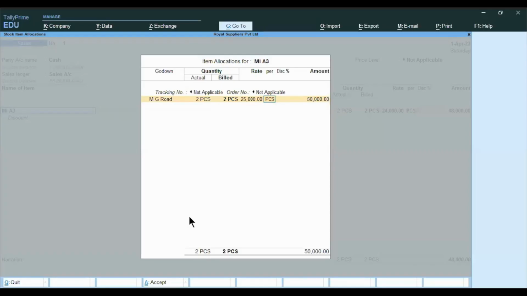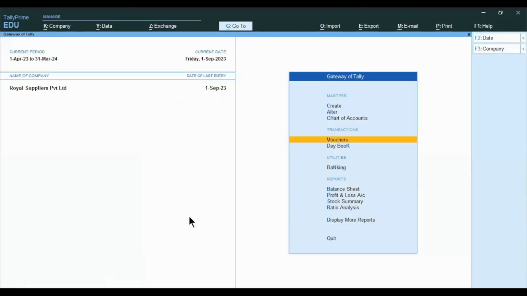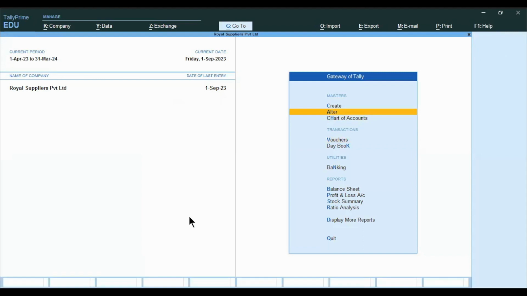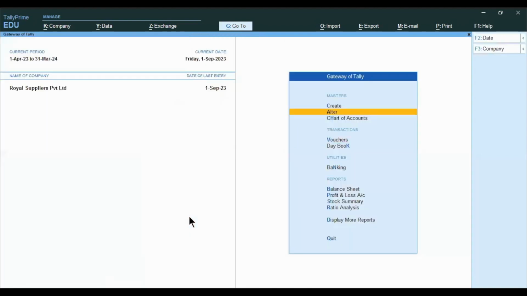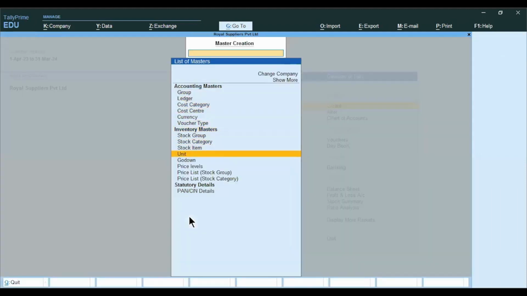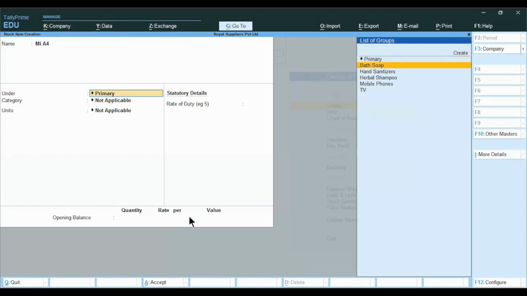Control A. Okay, just a minute. Somewhat of a problem is going on. Let me change the stock item. We will create a new stock item, MIA4. Suppose it is mobile phones.